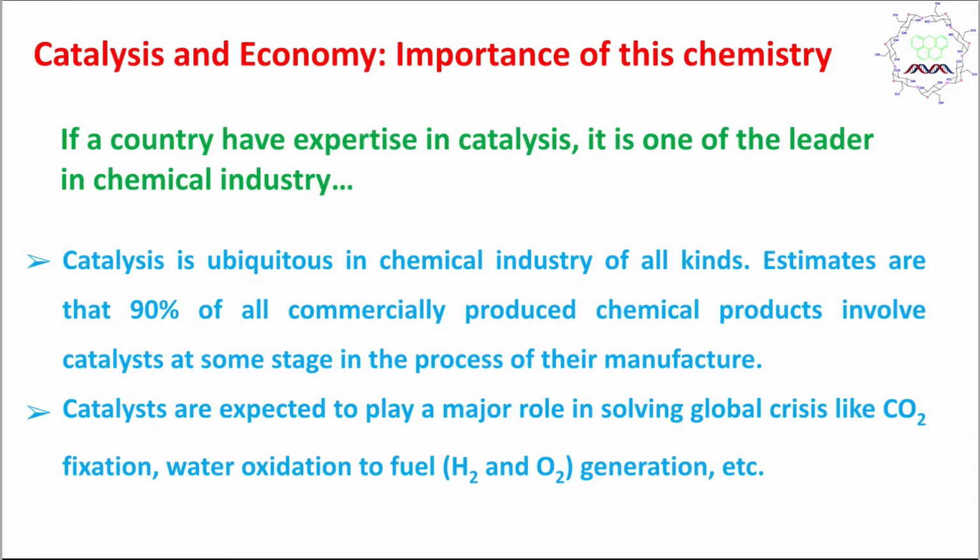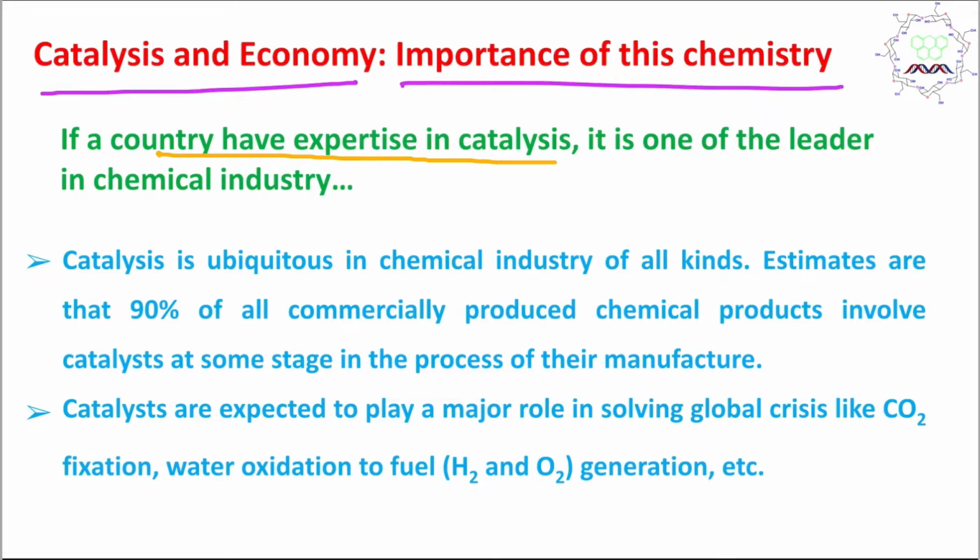So let's come to the most important point, as I told some time before, why catalyst is so important and it can help you in earning in future. Because catalysts are directly related to the economy of a country, and that is the importance of this chemistry. More specifically, if a country has expertise in catalysis, it is one of the leaders in chemical industry. And please remember, the global chemical industry is a trillion US dollar industry.